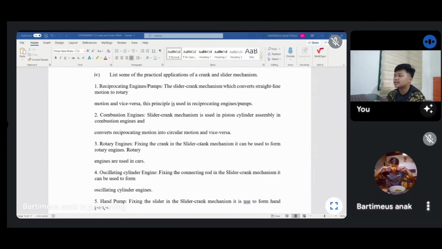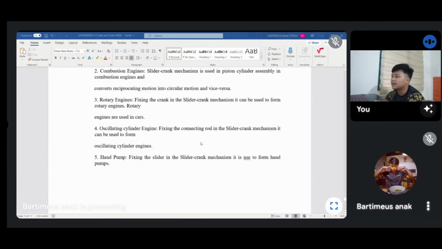By fixing the crank in the slider crank mechanism, it can be used to form rotary engines. Rotary engines are used in cars. So number 4, oscillating cylinder engine. By fixing the connecting rod in the slider crank mechanism, it can be used to form an oscillating cylinder engine. And number 5, hand pump. By fixing the slider in the slider crank mechanism, it is used to form a hand pump.